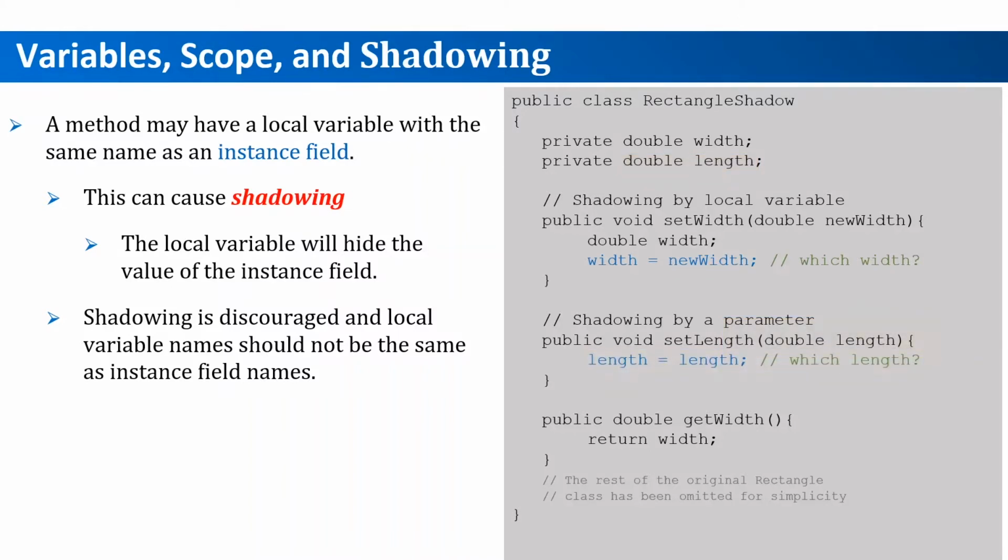In general, when a local variable or a method parameter variable takes the place of an instance field, we call this shadowing. We say that a local variable or a parameter has shadowed the instance field. Shadowing is not good and should be avoided, or it will cause logical errors. In a future video, we will discuss how to solve the problem of shadowing. We will, however, briefly discuss it in the following coding demo.